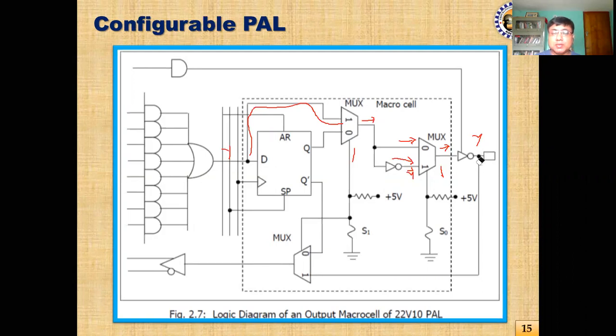Whenever it is working as input, you can receive the input signal through this one and send it to the rest of the circuit. And if it is working as output, this part will be invalid, and it will work as output only. So I have explained the configurable PAL and the macro cell.